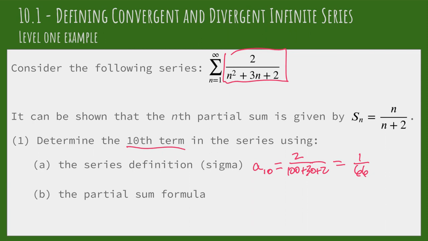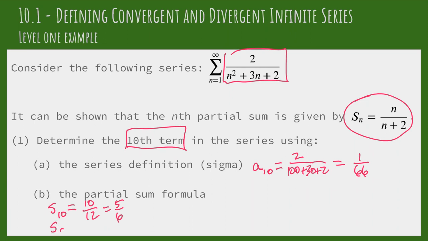Okay. So the other way we want to do it is by using the partial sum formula. Now, I want to remind you that if we find the 10th partial sum, that's going to be 10 over 12, which is 5/6. That just tells us what we get if we add the first 10 terms together. If we want to know specifically what is the 10th term, we need to take the first 10 terms and then subtract the first 9 terms.